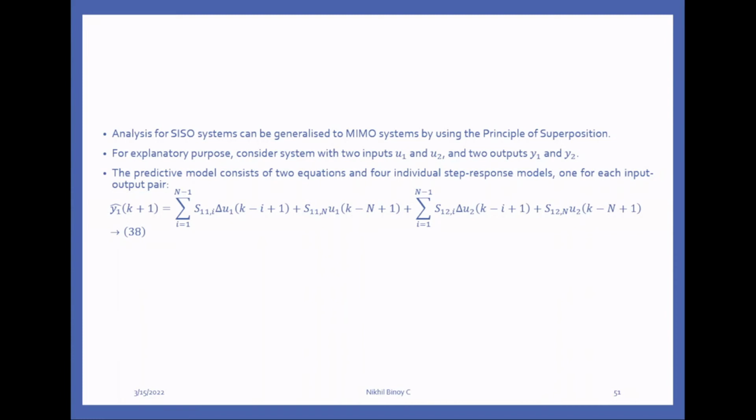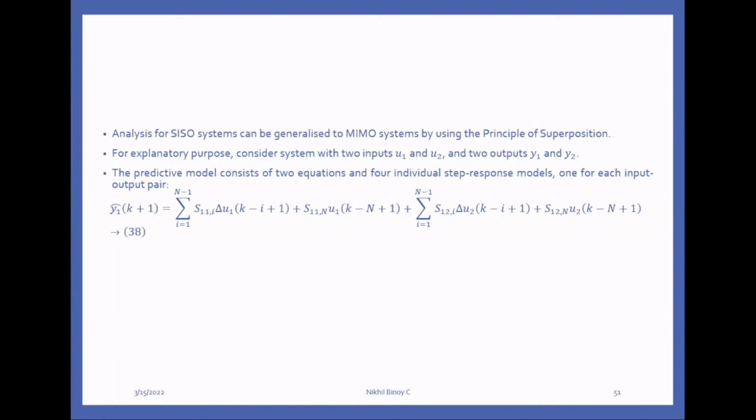Take the first output, the one step ahead prediction: y1 cap of k plus 1 equal to sigma i equal to 1 to n minus 1 S_11,i delta u1 of k minus i plus 1 plus S_11,n u1 of k minus n plus 1 plus sigma i equal to 1 to n minus 1 S_12,i delta u2 of k minus i plus 1 plus S_12,n u2 of k minus n plus 1.